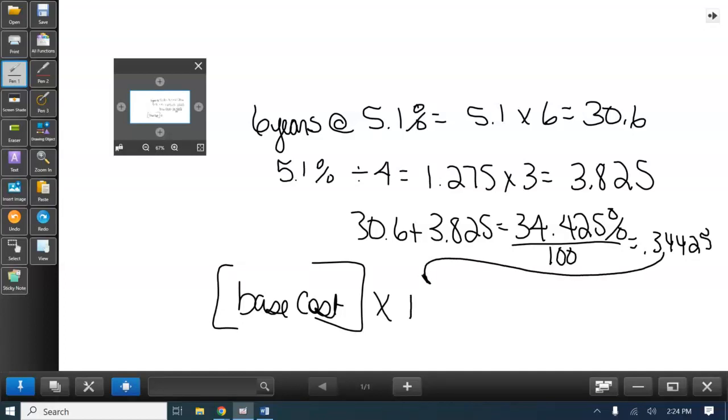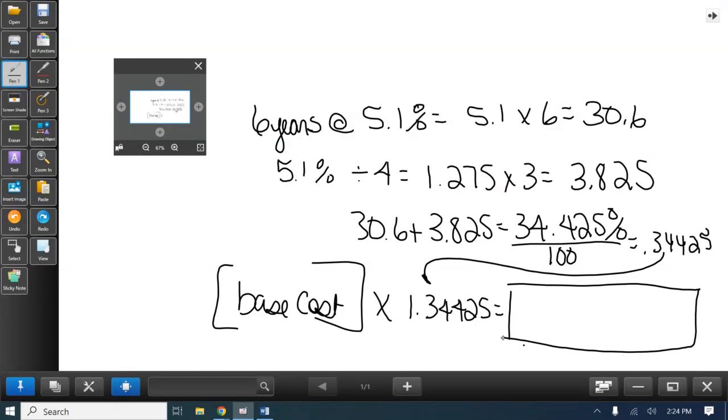Bring that down, add the 1 in front of it, and that will give you the adjusted cost for, I think, September/October 2021. So that's the easy way to do it.